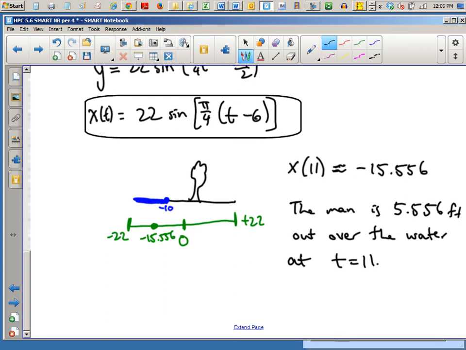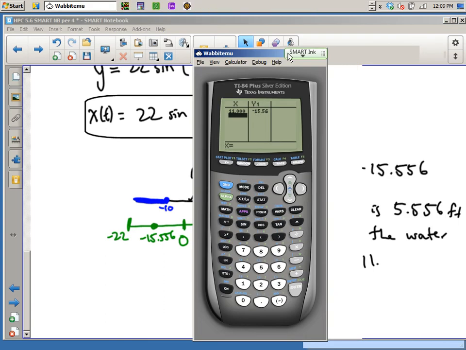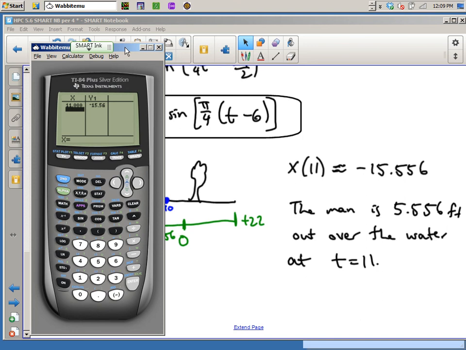Okay, but there's more we can do. Check this out. Now let's go to our table again, and let's see what happens just 1/10 of a second later. So let's put in 11.1. Where is he at now? -16.73. By the way, if these numbers aren't accurate enough for you, just put your cursor right on the number and you'll see it with more accuracy, because on the AP calculus test you need 3 digits after the decimal.